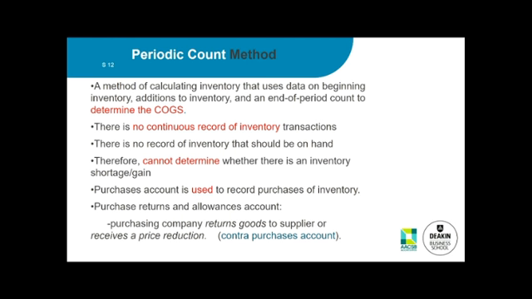We don't do it. Instead, we create purchases, returns, and allowance account, right? You can see the theme in accrual accounting. You don't necessarily reverse some of the accounts. You create separate accounts, and you might say, well, it's not as clean, for example, right?